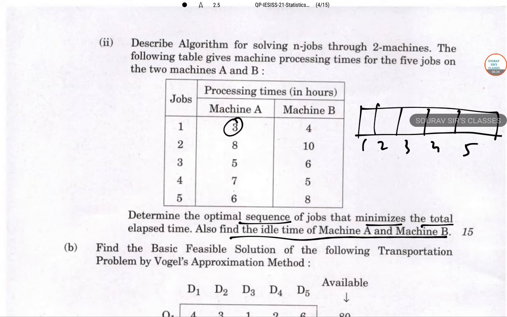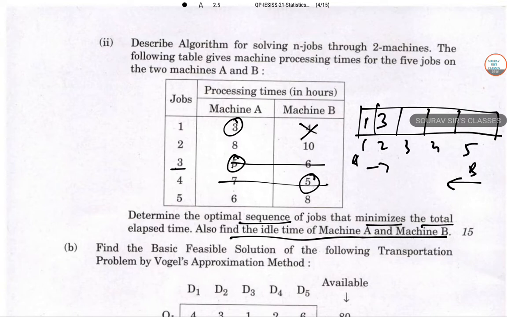Okay, 3 in machine A, so you start the first job, so this is your job 1. Machine A from this side, machine B from this side. After 3, 4 we cannot consider since 3 is taken already. So after 4 there is a 5. This 5 will come here, so this is 3, and this 5 will come here, so this is 4.